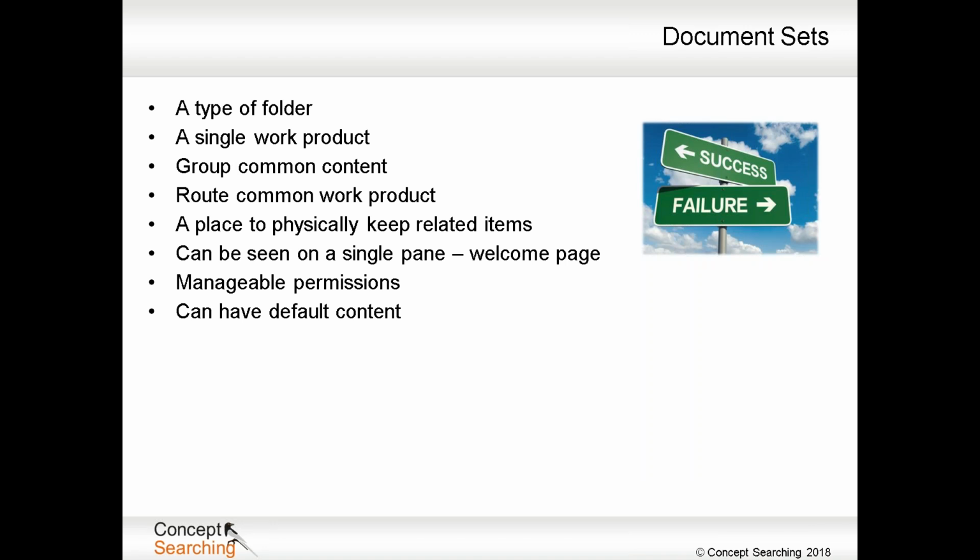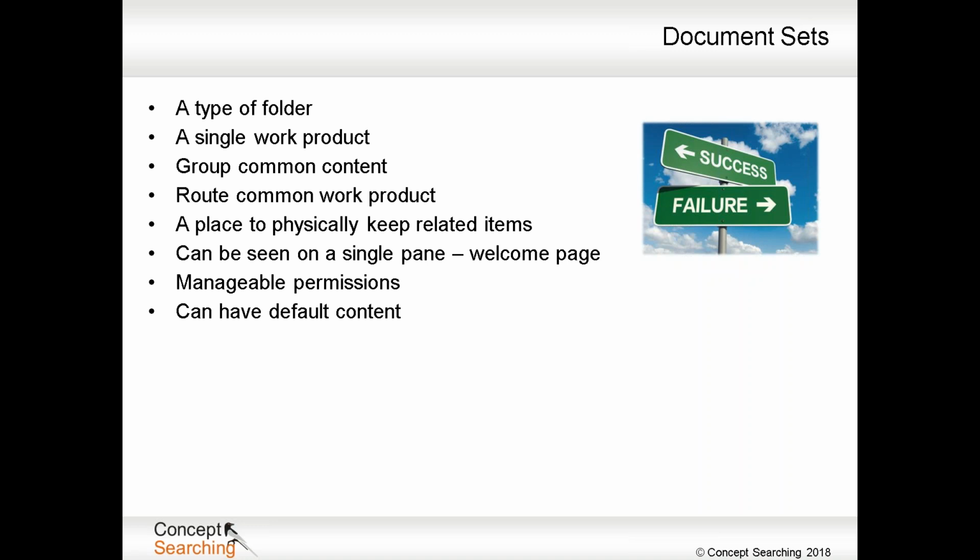So I talked a little bit about document sets. They are a type of folder, but a folder that has repurposed metadata on them. So every time we create a document set, it comes with a set of metadata that we can then reuse. These are really great for a single work product.